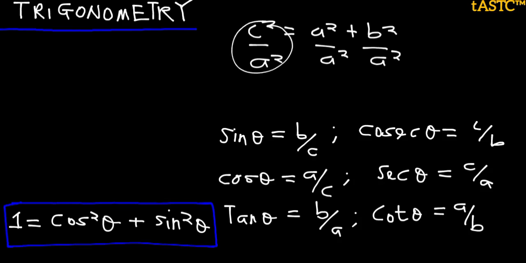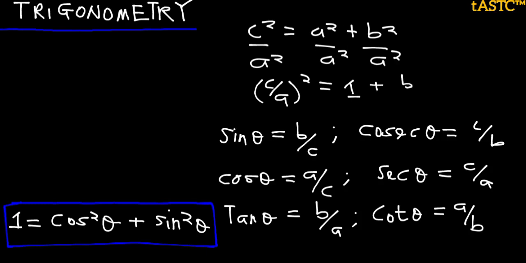Now you got (c/a), which is going to be squared. This is going to give us a 1 because we have a squared divided by itself. And here we actually have (b/a) all squared. Now we already know what c/a is. From here we said that is secant theta, so I'm going to have secant theta all squared.